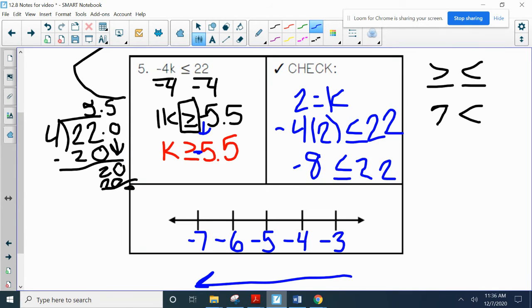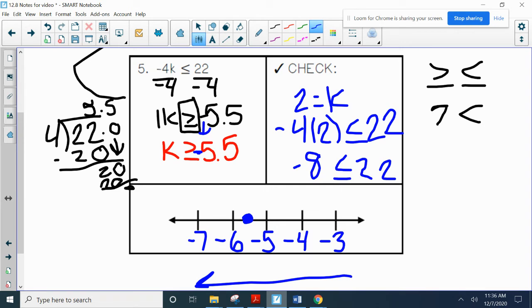So we know that negative 5.5 is going to fall between negative 5 and negative 6. Do I need to put an open or a closed circle to include negative 5.5? A closed circle. All right, and we're going to say that's about halfway. It may not be exact, but we're going to eyeball it.